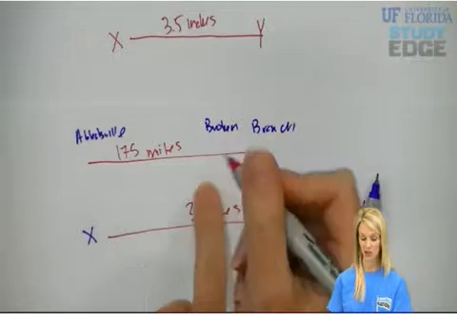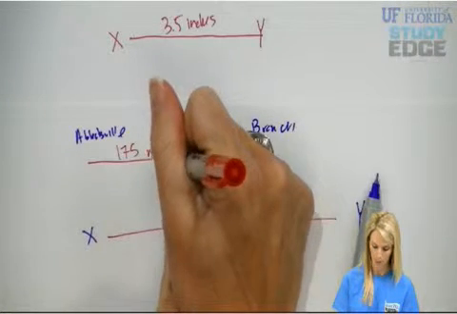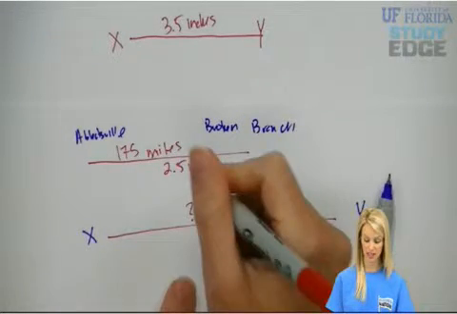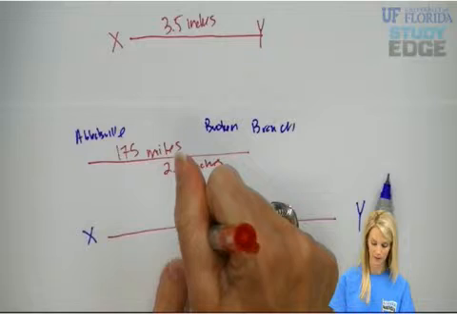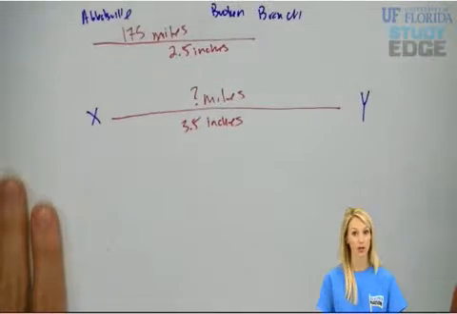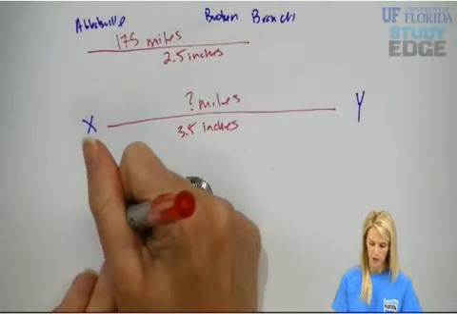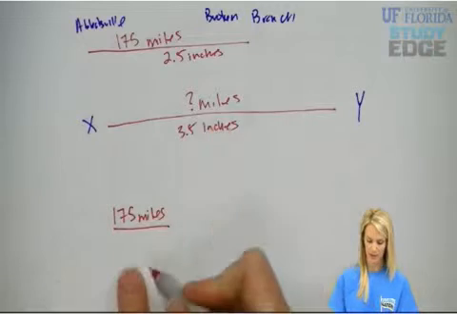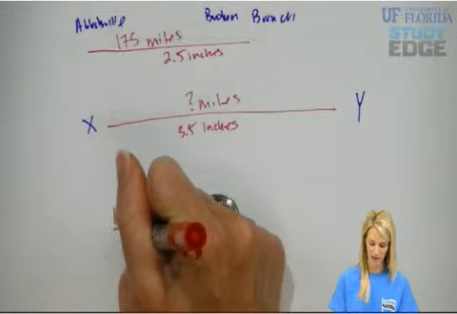Abbotsville to Broken Branch is how many inches? 2.5 inches. X to Y is how many inches? 3.5 inches. So how do we set this up? Well, we're just going to look at our algebraic proportions. We know 175 miles can be represented by 2.5 inches.